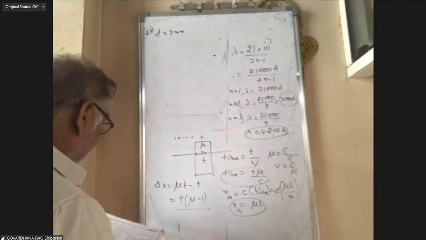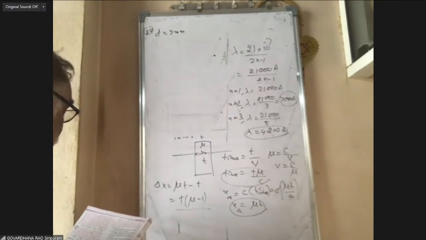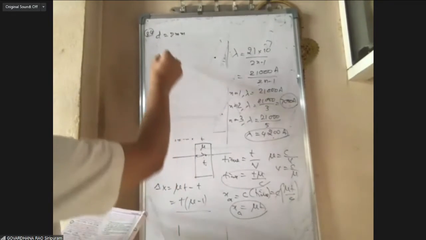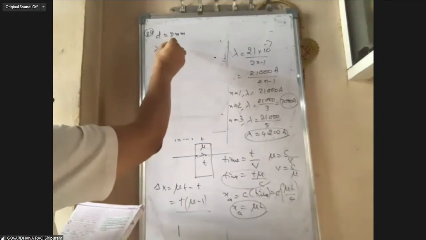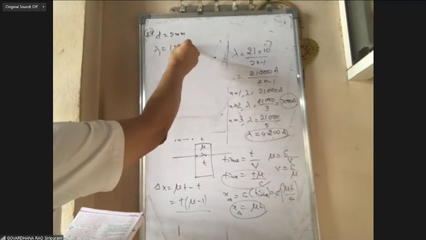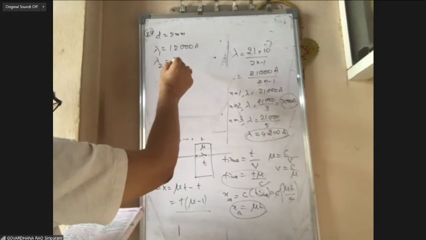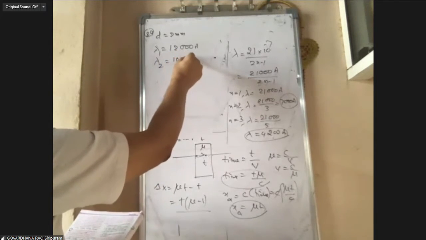So what he's telling is, these two slits are illuminated by wavelengths in the channel. Lambda 1 is 12,000 and lambda 2 is 10,000, correct?